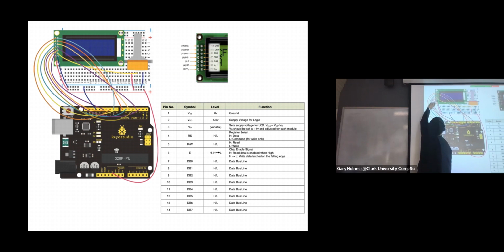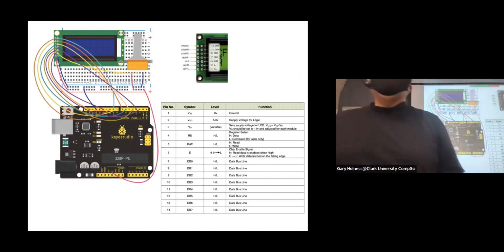So that's up here, that's the orange, and pin 5 is fed by 11. So we have 11 feeding the read write, and we have 12 feeding the register select. And then for the enable, pin 6, the enable 2, 4, 6, that's the purple one over here. The enable is pin 2 on the digital I/O for the Arduino board.